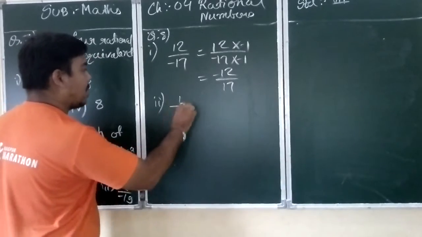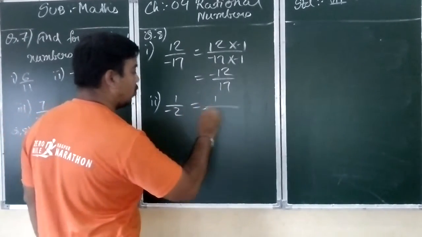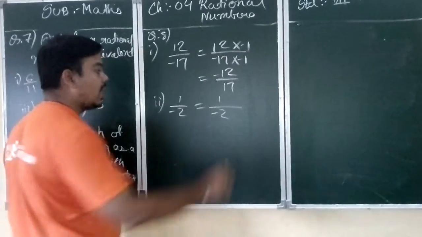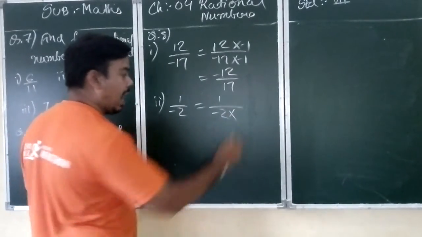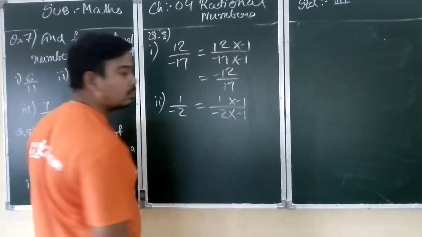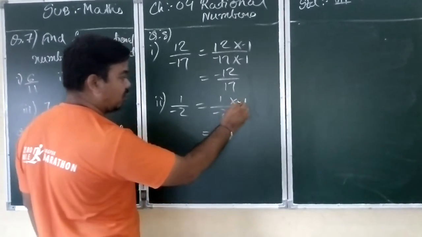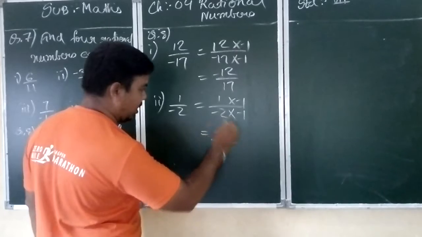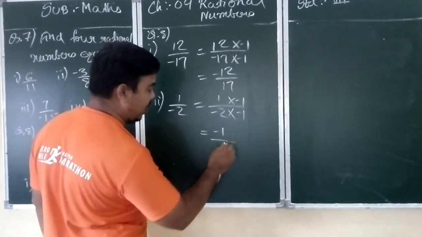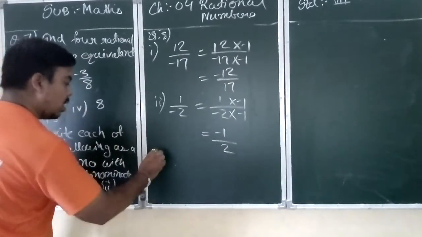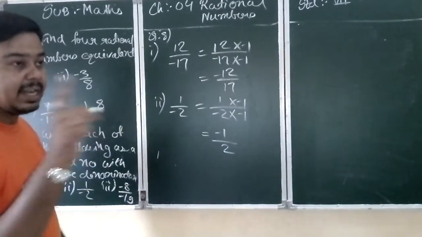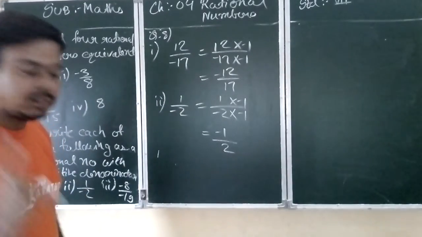Second number, 1 by minus 2. Now it is multiplied again by minus 1, both numerator and denominator. So minus 1 into 1 is minus 1, minus 2 into minus 1 is 2. The negative denominator changes into a positive denominator.